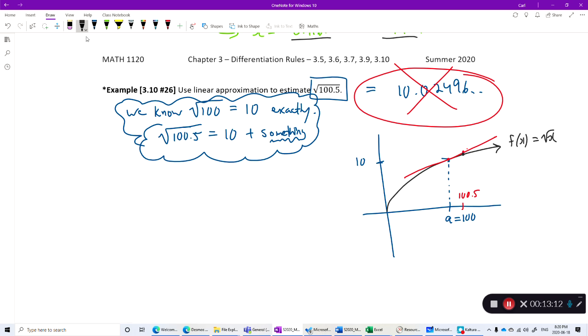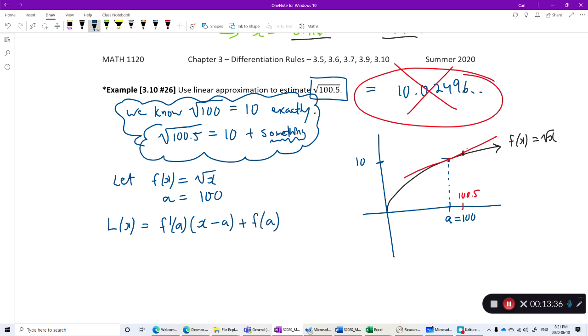So how do we do that? We let f of x equal square root of x. A is 100. To do the linear approximation, remember, we need to know the tangent slope times x minus a, plus f of a. I can't help it, I want to show one more way to look at this.